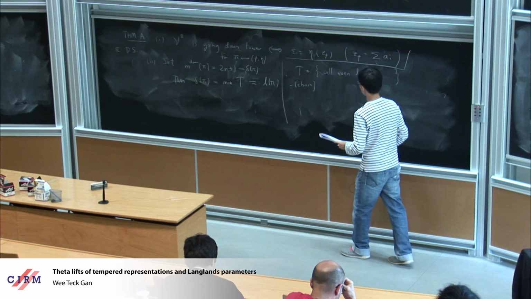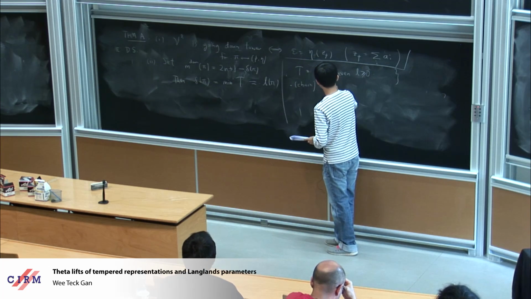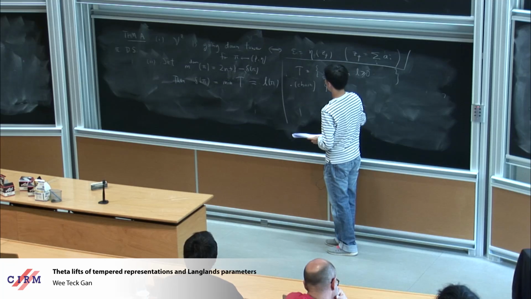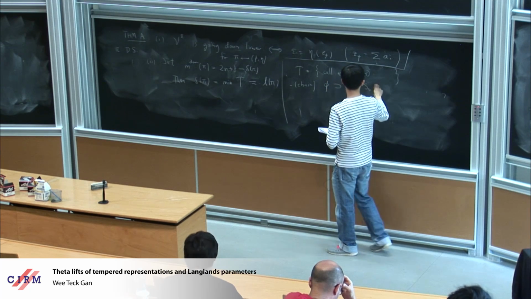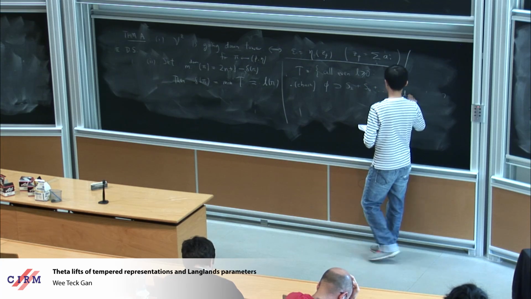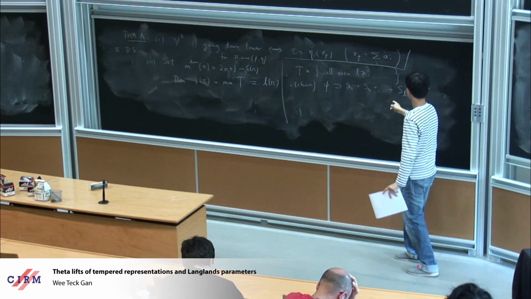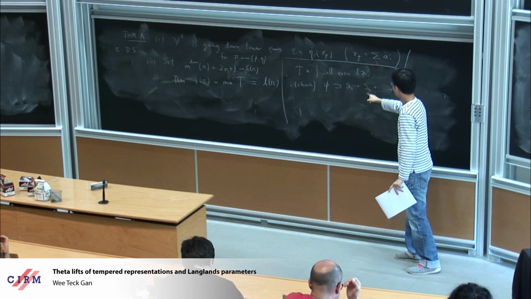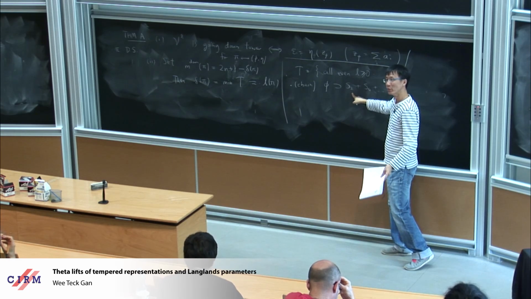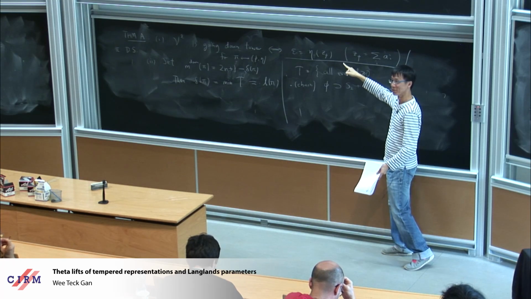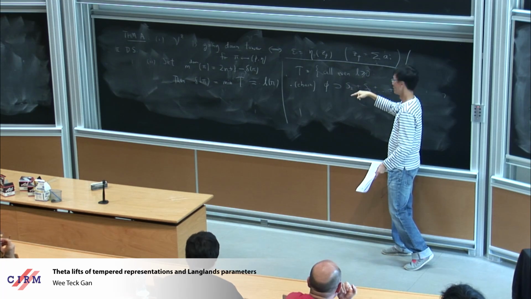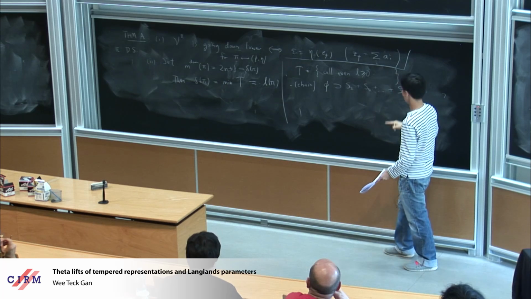First is a chain condition that says that this parameter, the L parameter of pi, has to contain S2, S4, up to SL. So S2 is the 2-dimensional irreducible representation of SL2C, because we are talking about the Weil-Deligne group, so there is an SL2C in there, then a 4-dimensional one and so on.